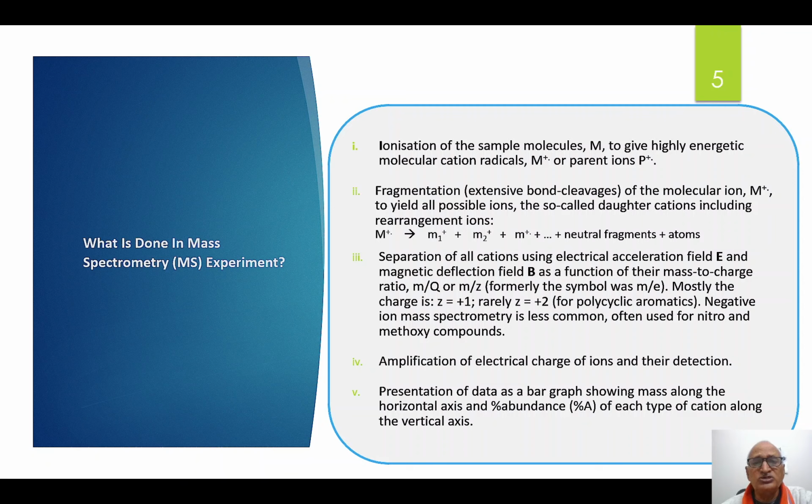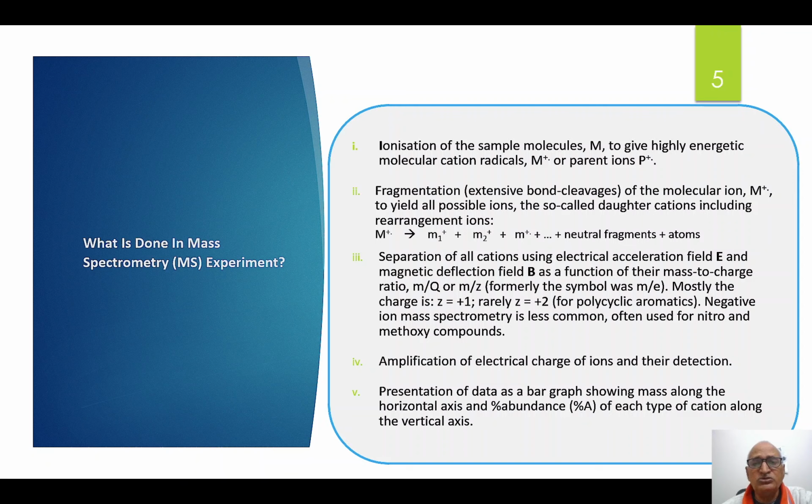Then the subsequent step involves separation of all cations using electrical acceleration field E and magnetic deflection field B as a function of their mass to charge ratio. The mass to charge ratio is quoted as m by q, and some authors prefer m by z. Formerly, the symbol was m by e; now it has been abandoned.